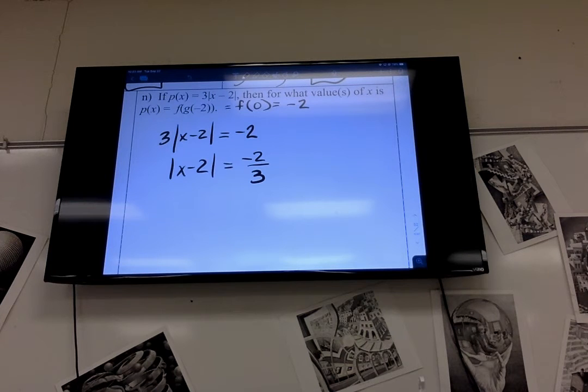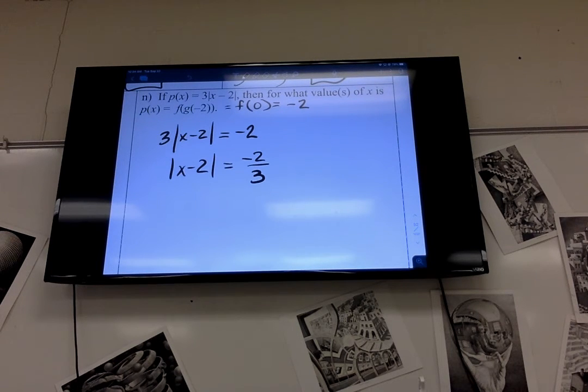Now, what's the problem with that? When you take the absolute value of something, what's it supposed to equal? A positive. Now, normally, we set it equal to the positive and negative because what was inside could have been positive or negative.